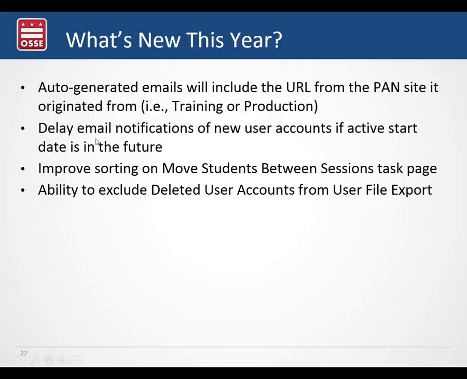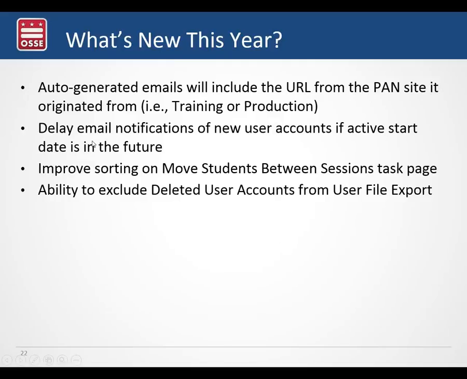User accounts that have a delayed active start date. Often states, districts or schools will add users, say they're test administrators or proctors, but they don't want them to have access to Pearson Access Next until maybe the day of testing or the day before testing begins. So they'll delay that active start date to the date of testing.